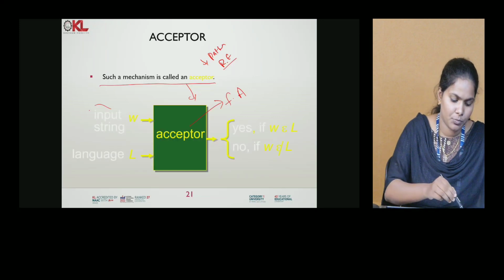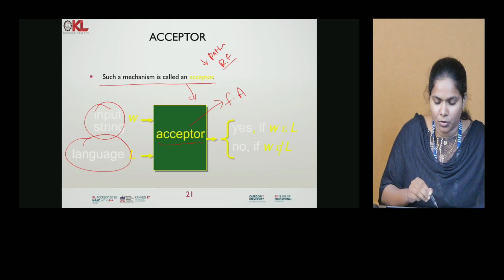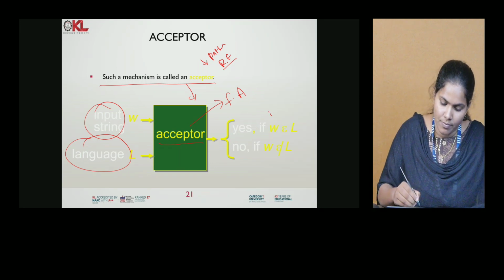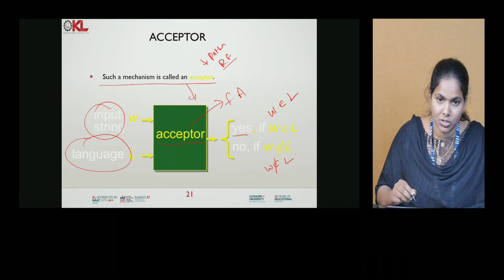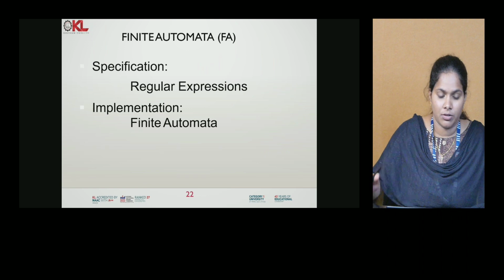It will take the input string and the language, and go to this finite automaton. If the string W belongs to language L, we say yes. If W does not belong to L, we say no. Okay, so that is a finite automaton.